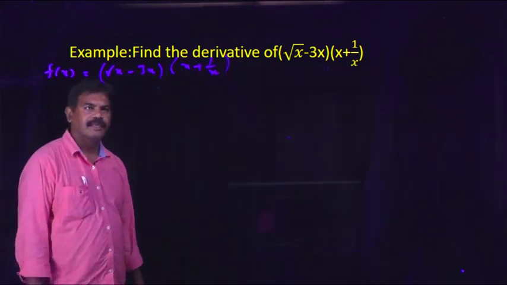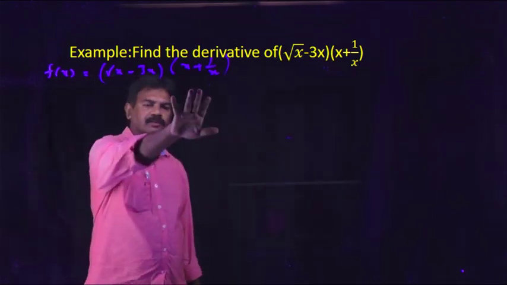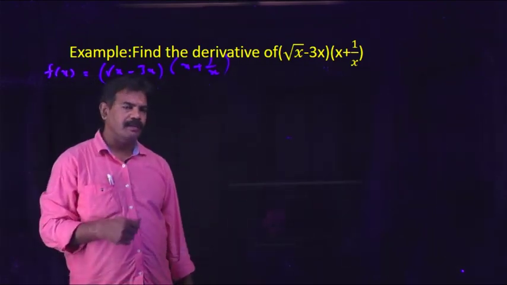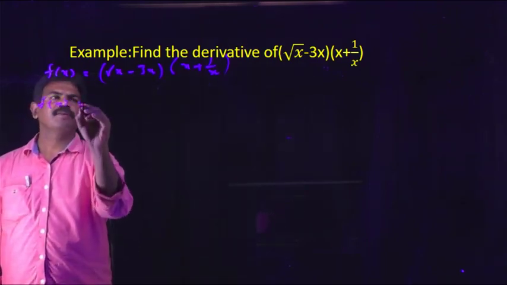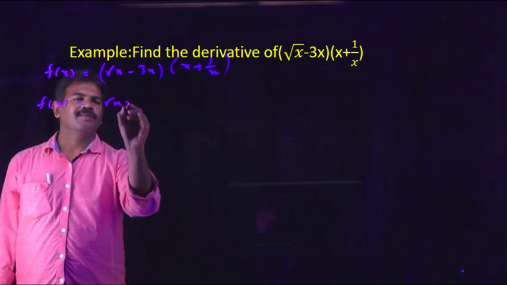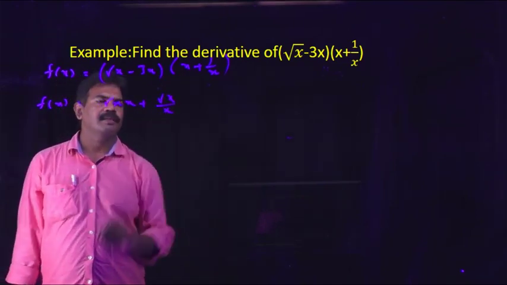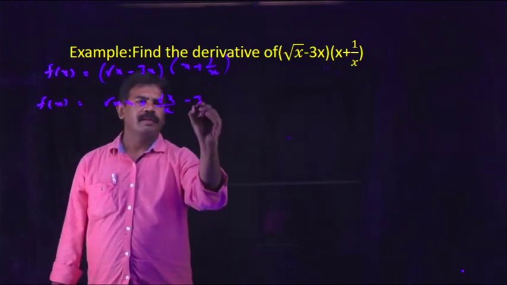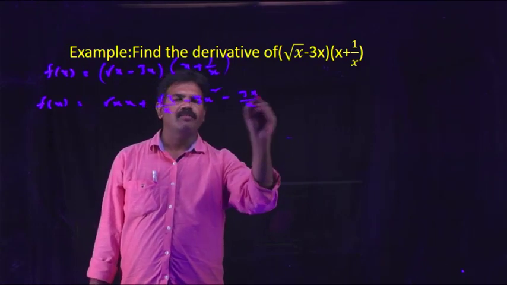This function we can differentiate directly, but first we multiply these two terms. After that we find the derivative of the given function. That is f(x) = √x·x + √x·(1/x) − 3x² − 3x·(1/x).